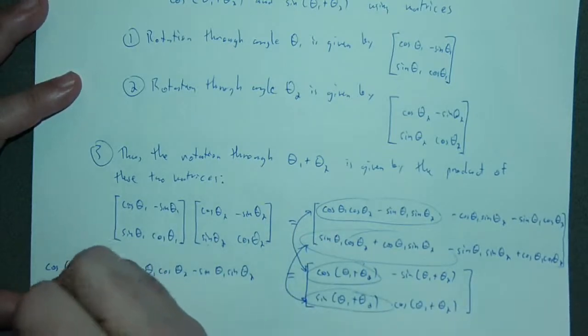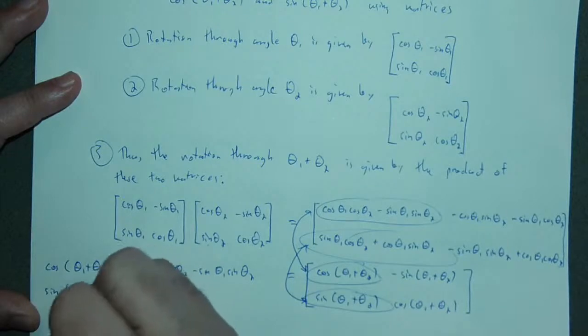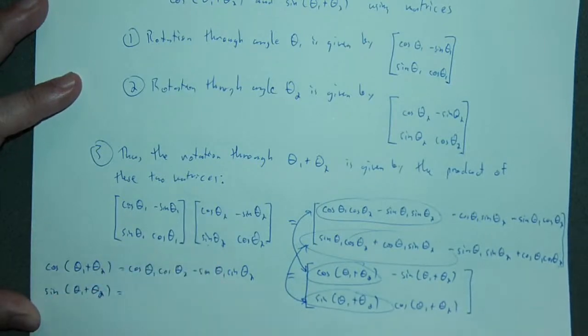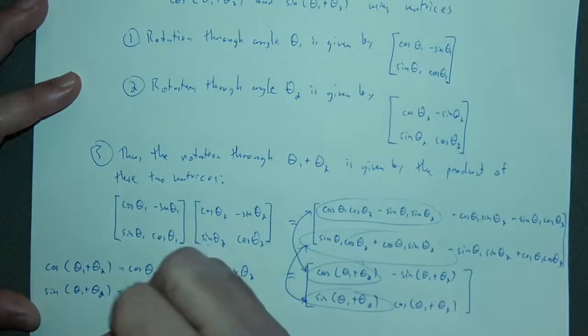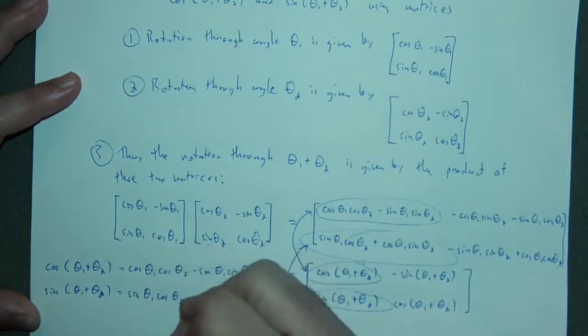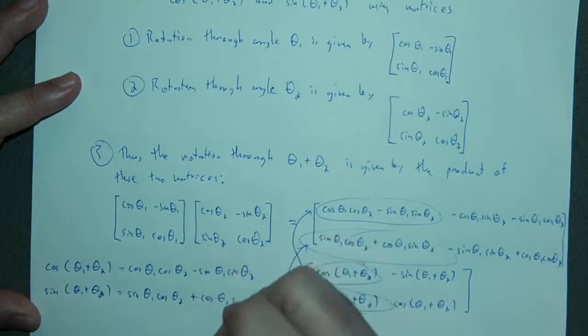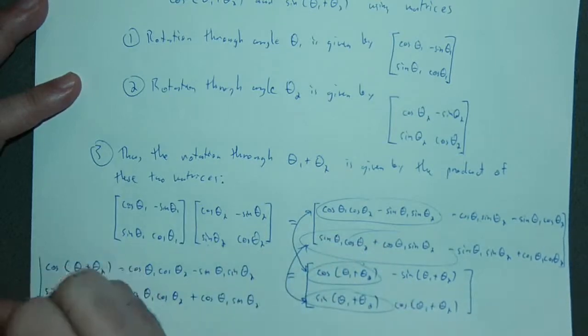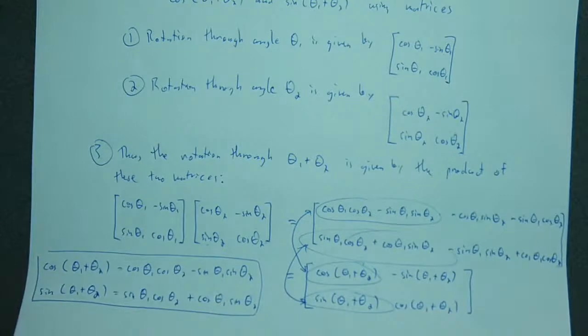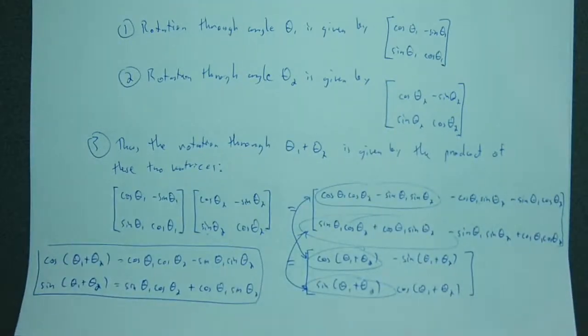And sine of theta 1 plus theta 2 is equal to sine theta 1 cosine theta 2 plus cosine theta 1 sine theta 2, which are the two familiar formulas for angle sums for sine and cosine. There's an even better proof that's more or less equivalent to this that we're going to see in a second. But this is one proof using matrices in this way.